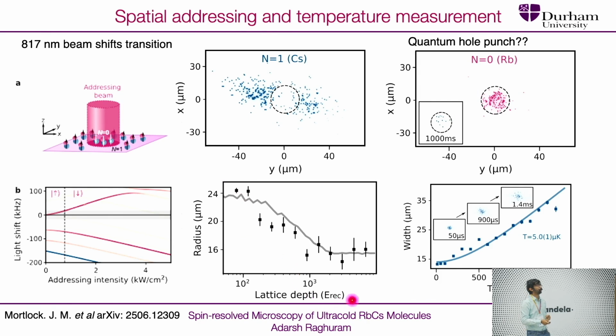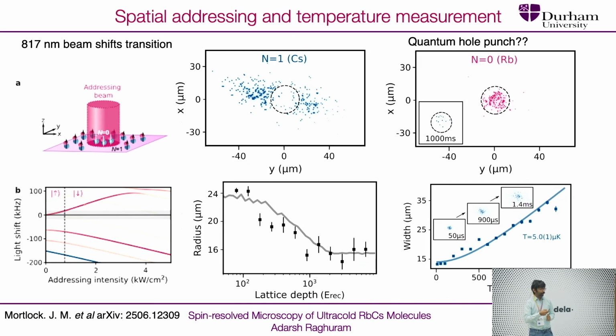When we're pinned, it doesn't expand. We can also do temperature measurements quite well with this, because we can prepare small clouds and then just let them expand. We've measured the temperature of our molecules in this to be about 5 microkelvin.